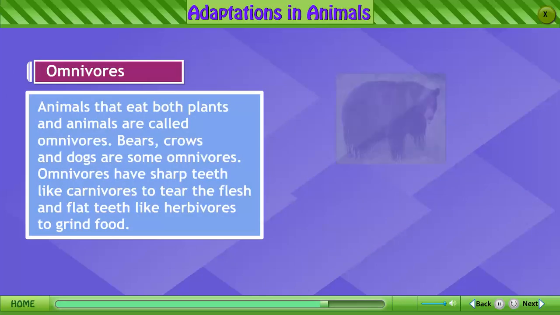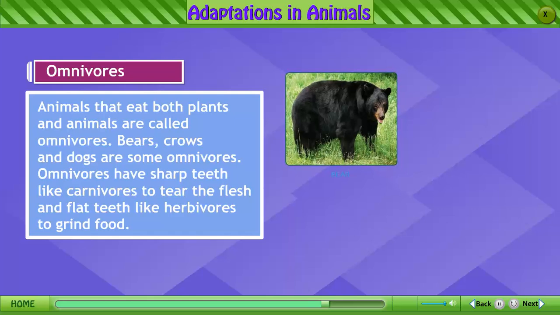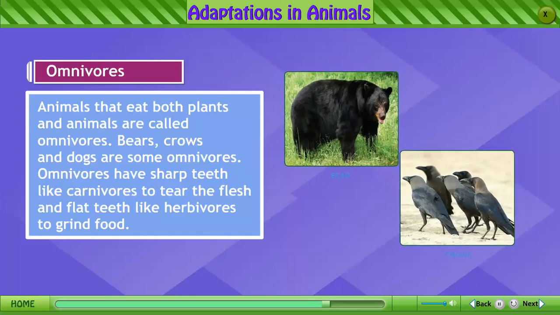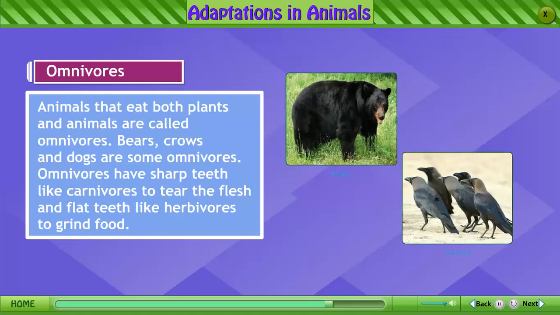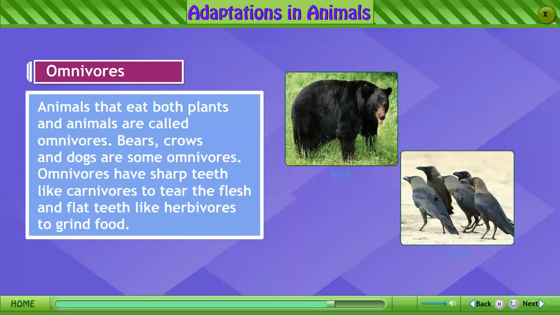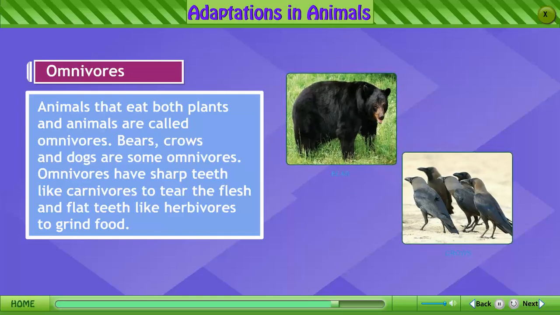Omnivorous. Animals that eat both plants and animals are called omnivorous. Bears, crows, and dogs are some omnivores. Omnivores have sharp teeth like carnivores to tear the flesh and flat teeth like herbivores to grind food.